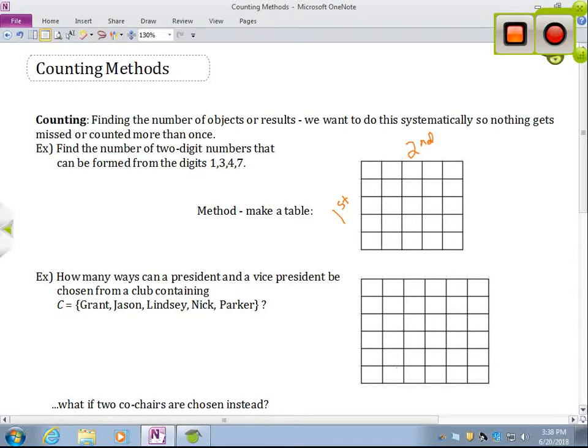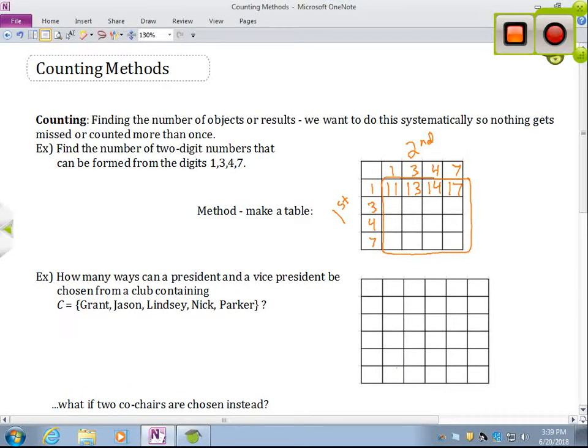It doesn't really matter. Then I'm going to put my options here, 1, 3, 4, 7, and 1, 3, 4, 7. This chart on the inside gives me a way to organize all of the different outcomes. The first digit is a 1, second digit is a 1, so my first number is 11, and then I can have 13, 14, and 17.